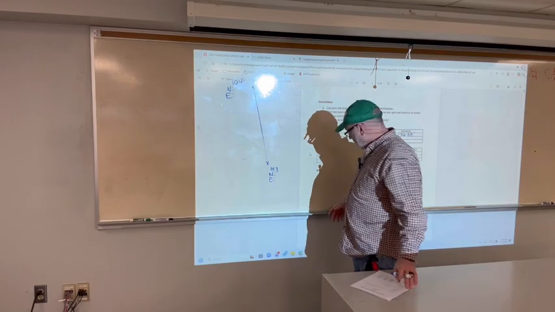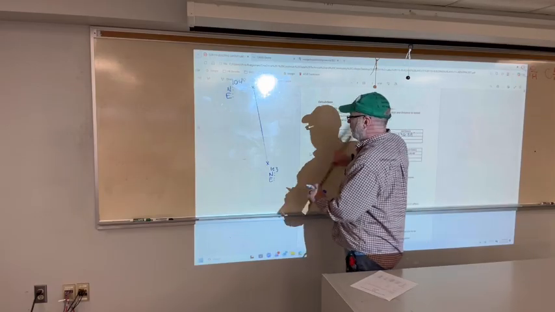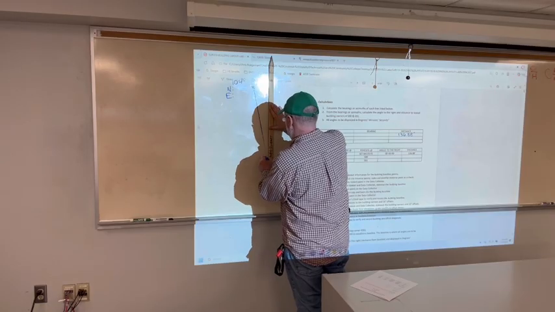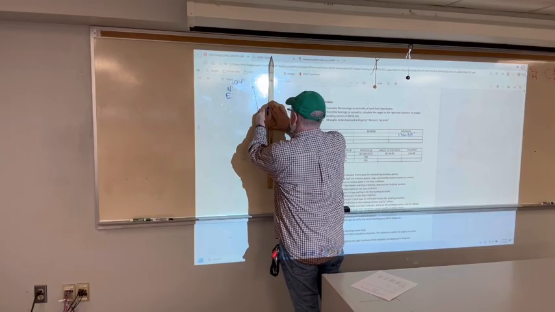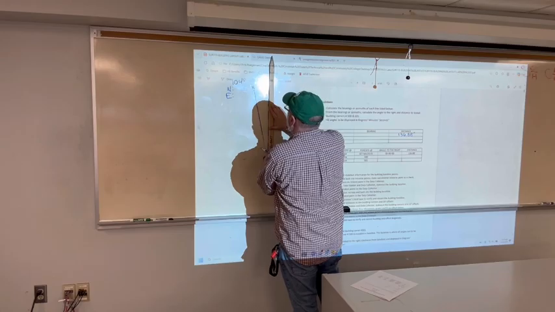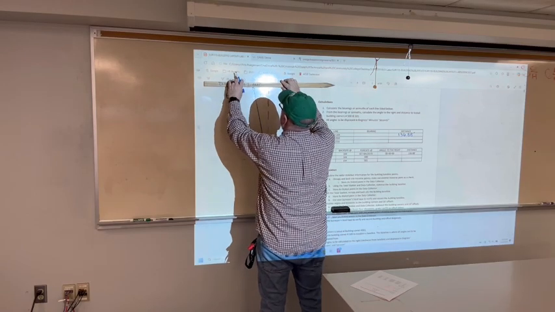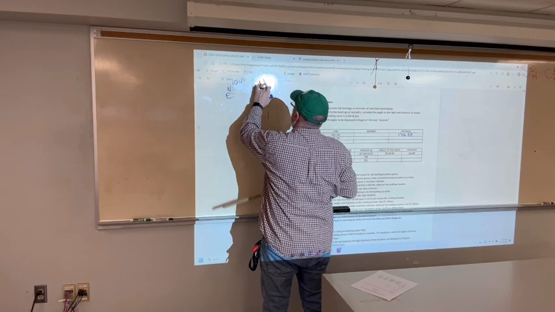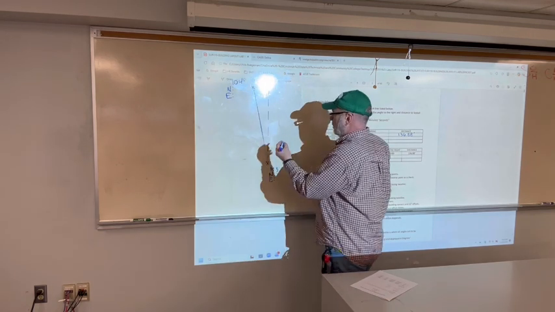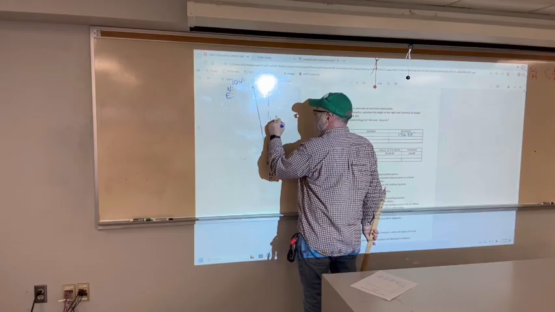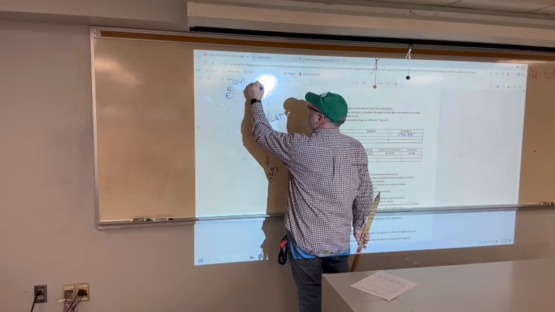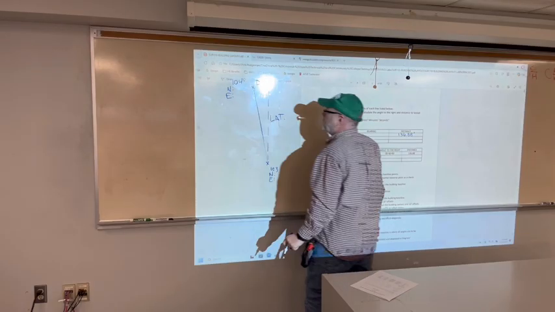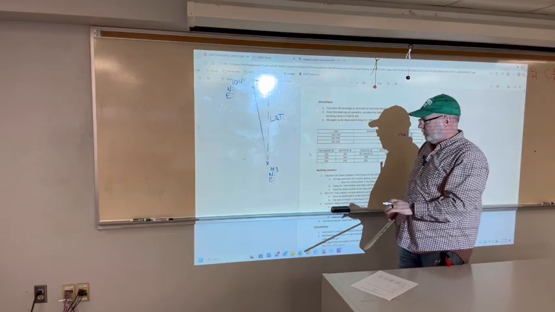So what we want to do is break this down into latitudes and departures. Latitudes would be your north-south line, your departures your east-west line. So far, so good.